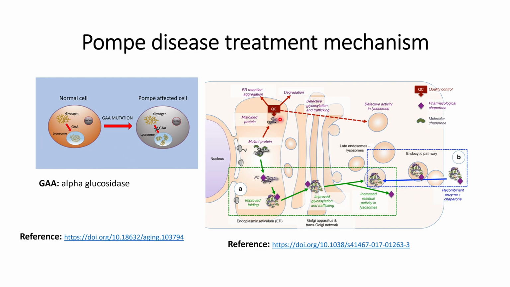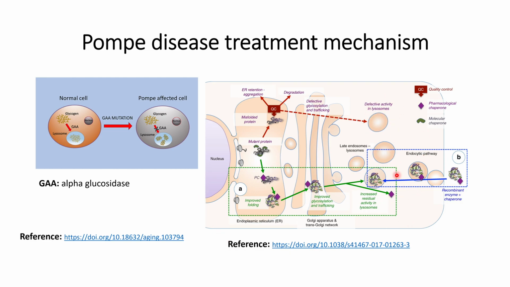And another problem that occurs in this mutated GAA protein, in case it is able to bypass the quality control of the endoplasmic reticulum, is that because of the non-native structure, it will get a different glycosylation profile, and this will lead to ineffectiveness or less efficient GAA function within the lysosomes, or in simpler words, defective activity in the lysosome.